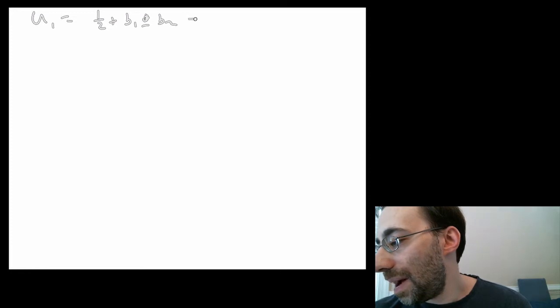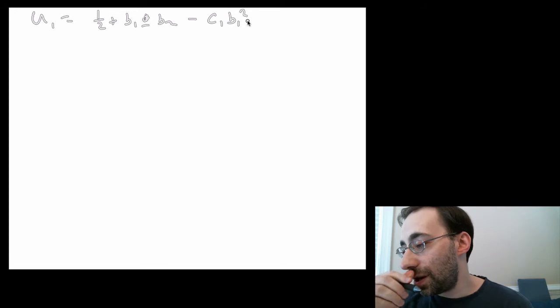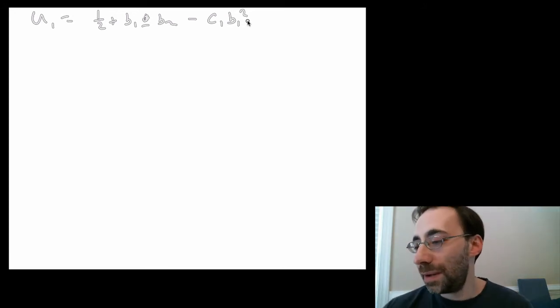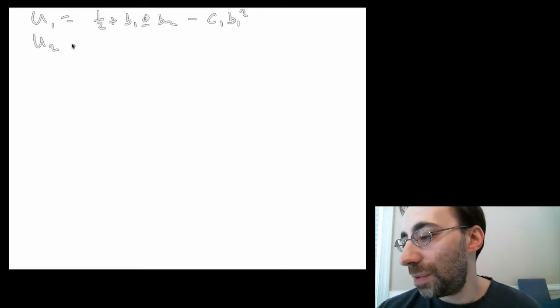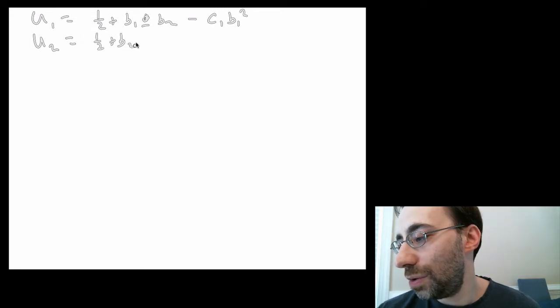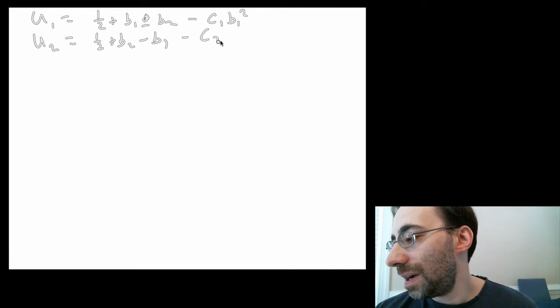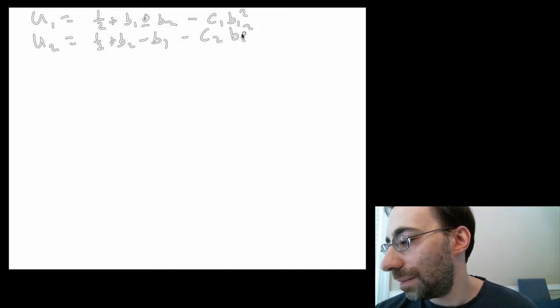And then minus c1 b1 squared, that's the cost of contributing. Player 2's probability of winning is 1 minus the first thing, so it's 1/2 plus b2 minus b1, and then minus c2 b2 squared.